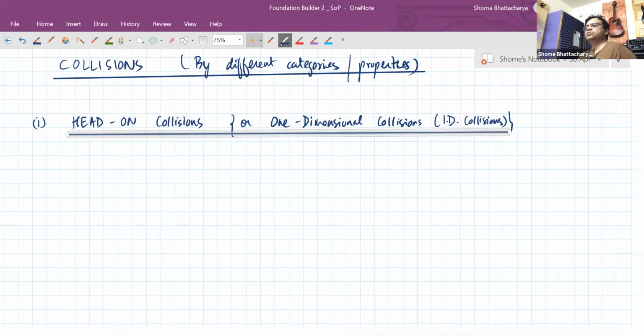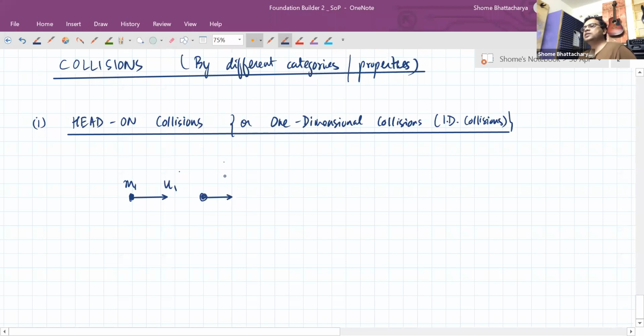So the generic basic model that we'll have of this is, let's say we have a particle of mass m1, which is moving with a velocity u1 along the positive x-axis. Now that goes and hits another particle, which is also in motion along the same axis, with a velocity u2.